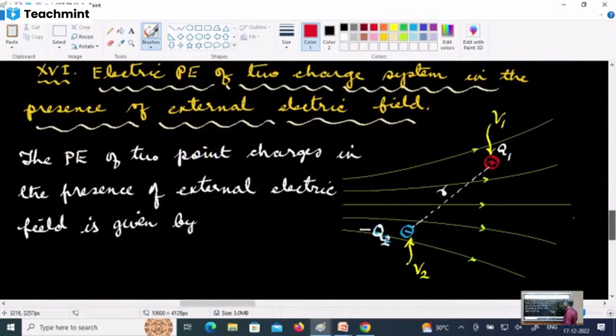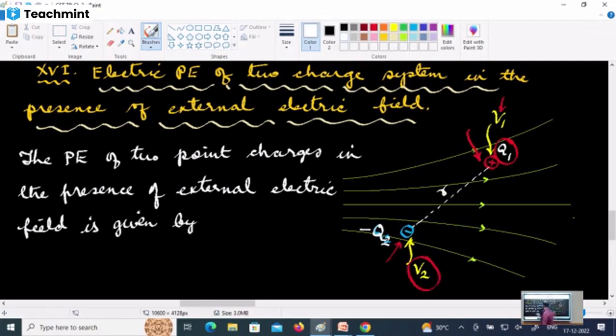What happens if you have a system of 2 point charges, Q1 here and minus Q2 also here, in an external electric field? Note that at the location of Q1 you have potential V1 and at the location of Q2 you have potential V2.